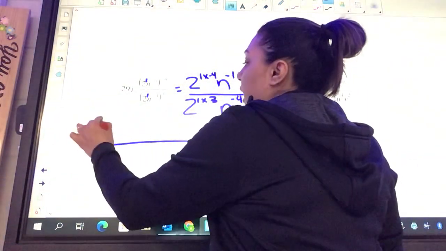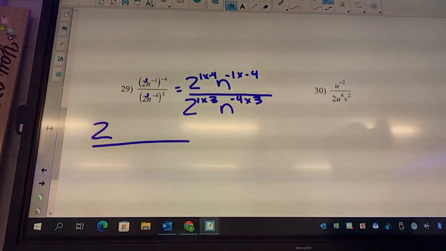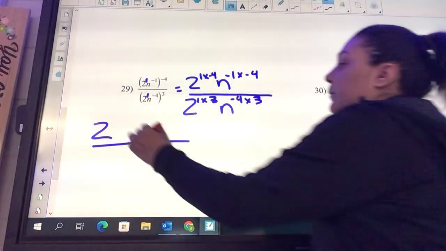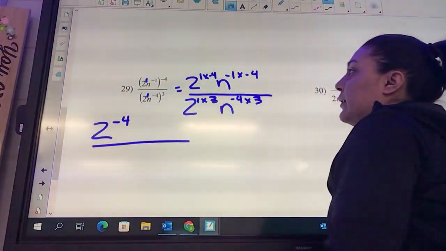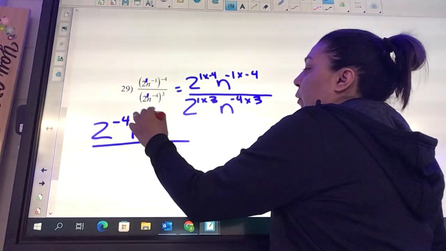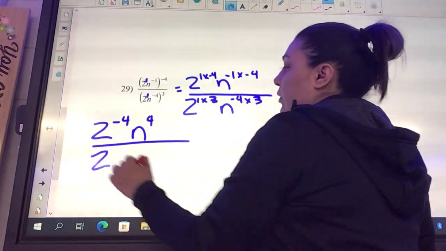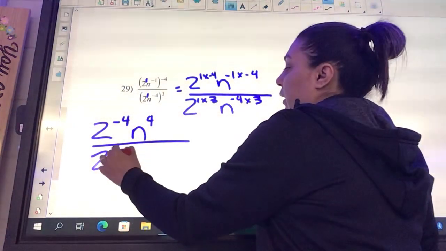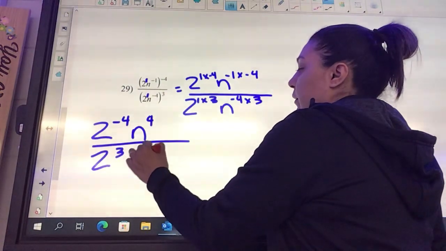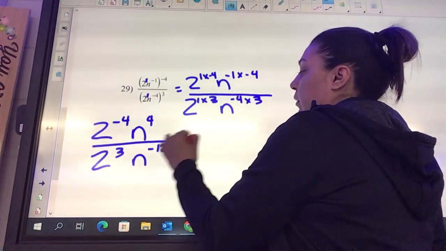Okay, so looking at the top, you're going to get 2 to the what? Negative 4. And n to the what? 4. 2 to the 3. And n to the negative 12.